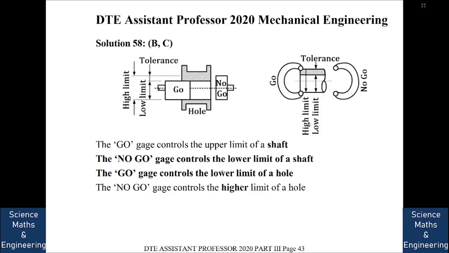The go gauge controls the lower limit of a hole and the no-go gauge controls the higher limit of a hole. So our options B and C are the correct options. Okay. As this was from GATE, we sometimes have more than one correct option.